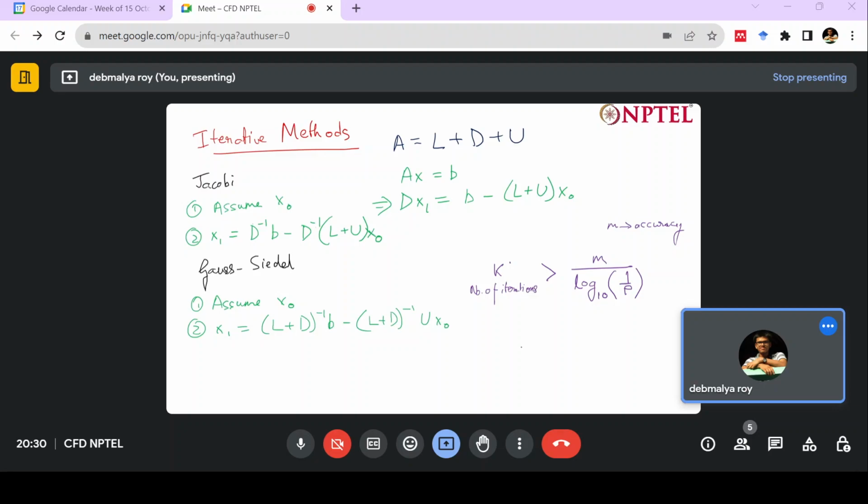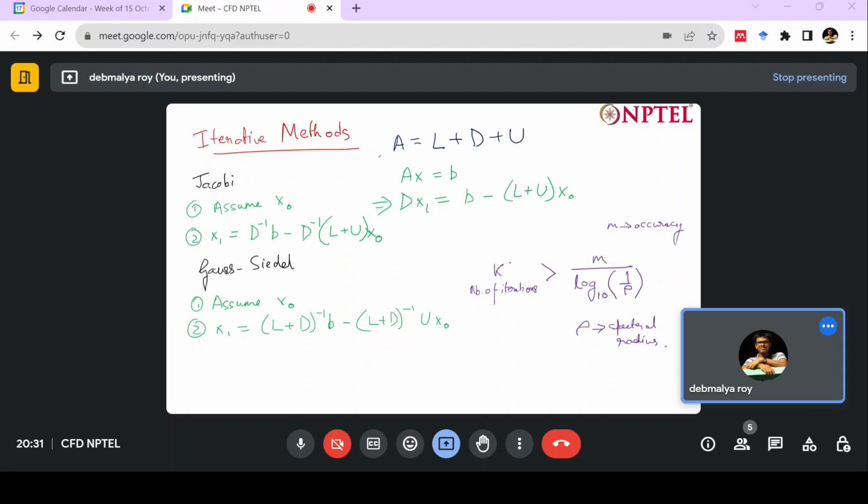What is rho? Rho is spectral radius. So how to find spectral radius? You can find it from the A matrix.